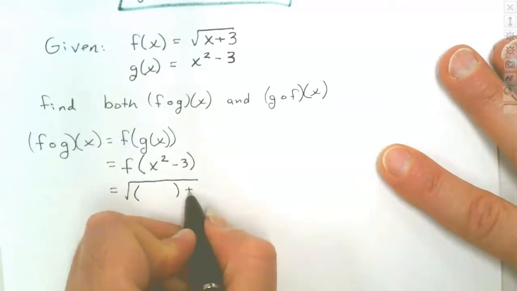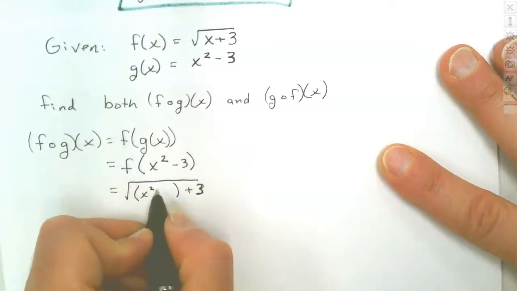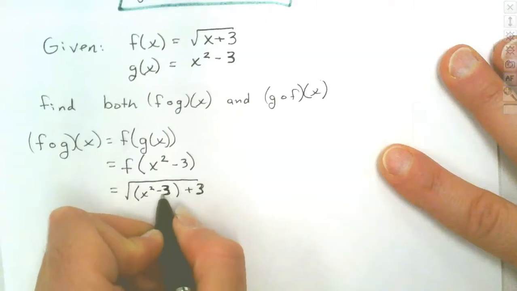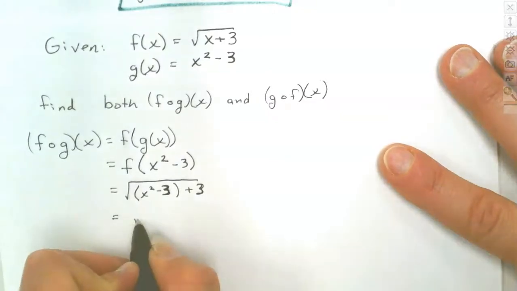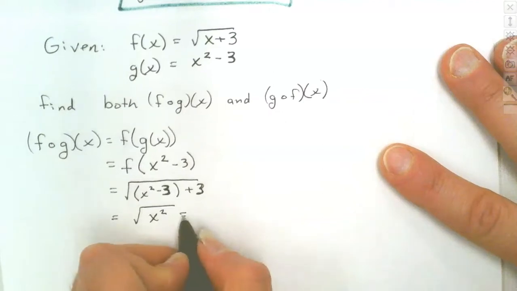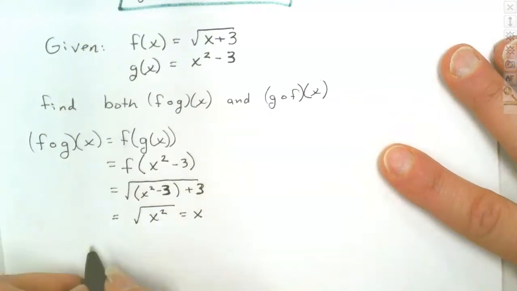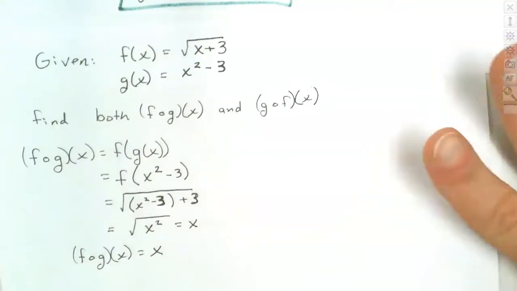And then we got that plus 3 here. Fill it in with an x squared minus 3. And what's going to happen here? Well, the plus 3 and the minus 3, they're going to cancel. So that leaves you with the square root of x squared, which is then x. So f composed with g of x condenses down to x.